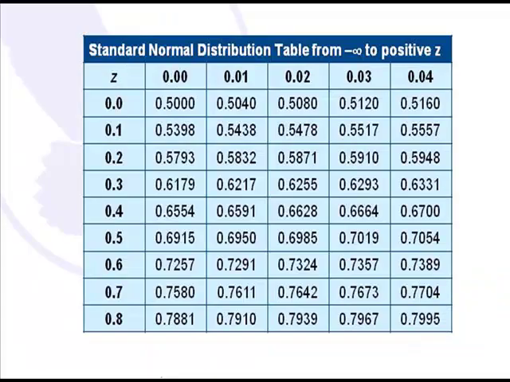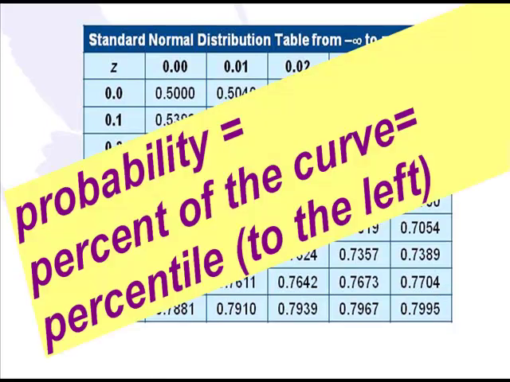This pretty chart right here is called a standard normal distribution table. What it gives us is a z-score, and inside is a probability. Key notion here. The probability given in a z-chart is the same as the percent of the curve.